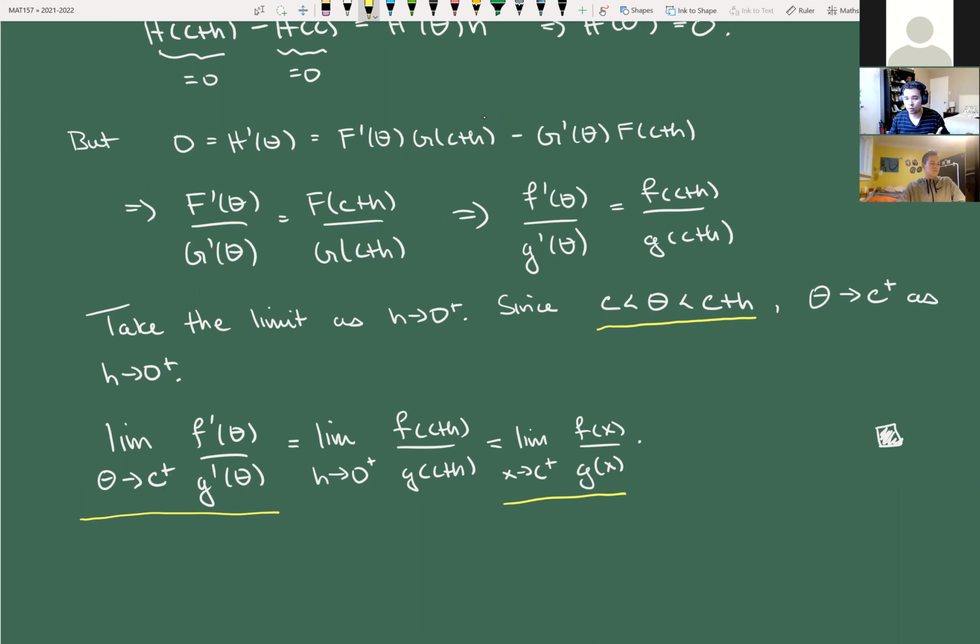Obviously, it would actually be more work if you had to write out the entire other side of the proof, but it is fine to say, look, the proof as we approach c from the left is exactly the same, right? Mutatis mutandis, just make the appropriate changes and it's the same proof and you don't have to do it. And again, as a benefit, we also get the one-sided versions of L'Hopital here.